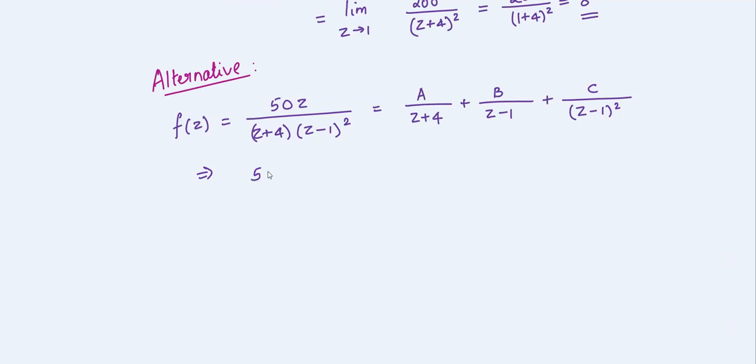So equating the numerators on both sides, we get A times (z minus 1) the whole square, plus B times (z plus 4) into (z minus 1), plus C times (z plus 4).